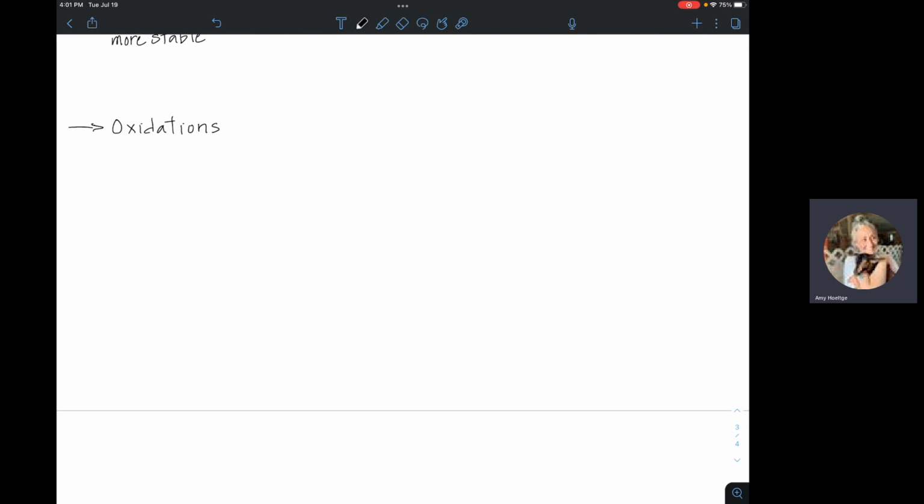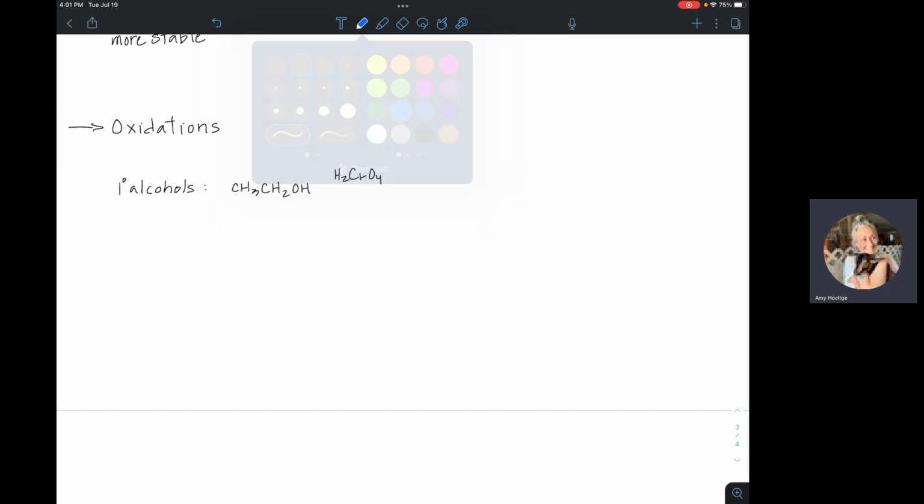So with primary alcohols, say for example, ethanol, we can oxidize this molecule, and I'll go stepwise here, with chromic acid.